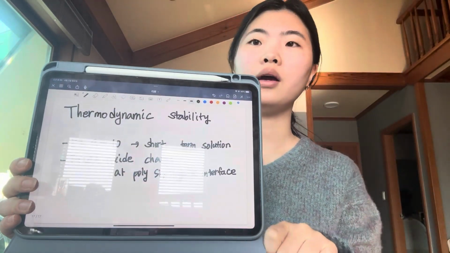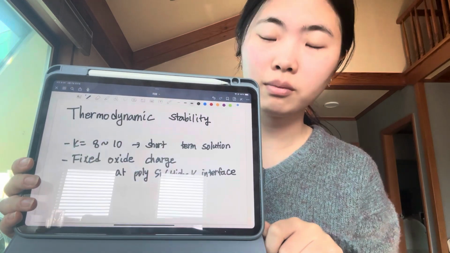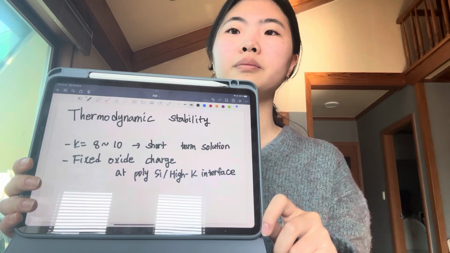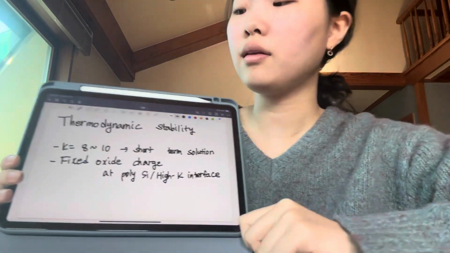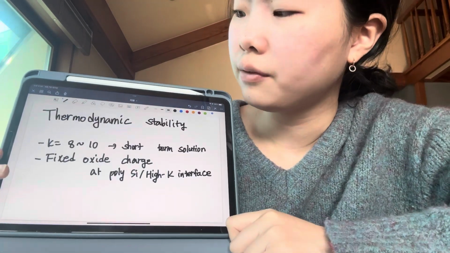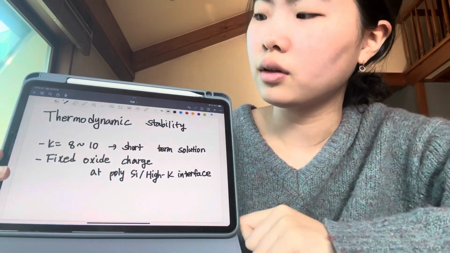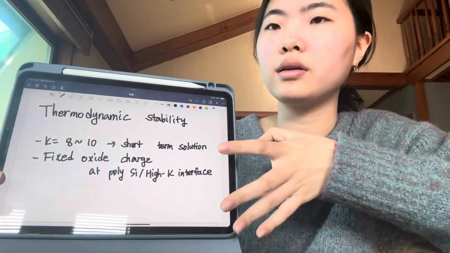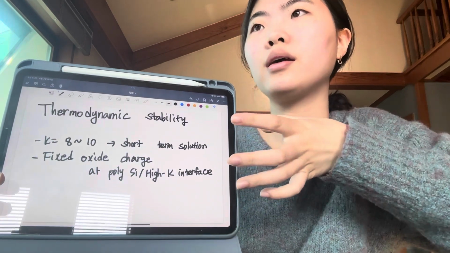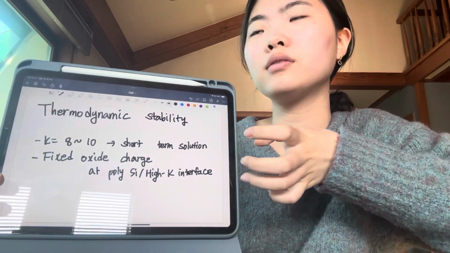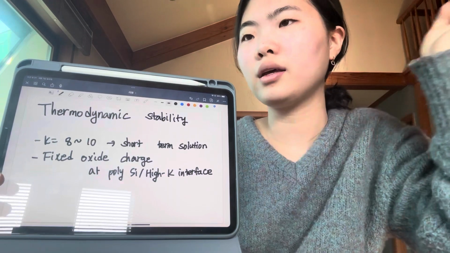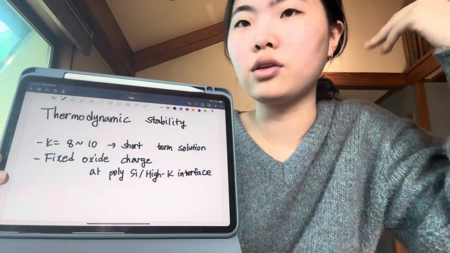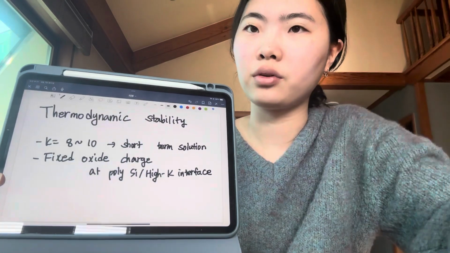Lastly, I will talk about thermodynamic stability. This is the drawback. When the dielectric constant is 8 to 10, it is quite a big number, but this is a short-term solution for semiconductor engineering.